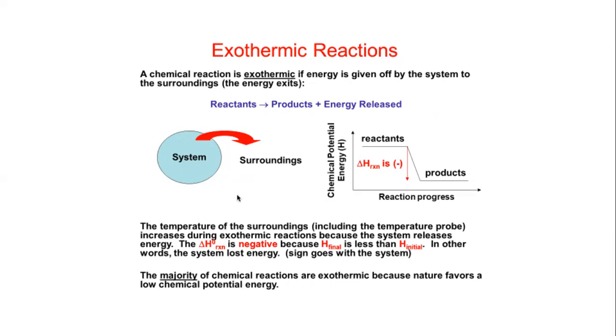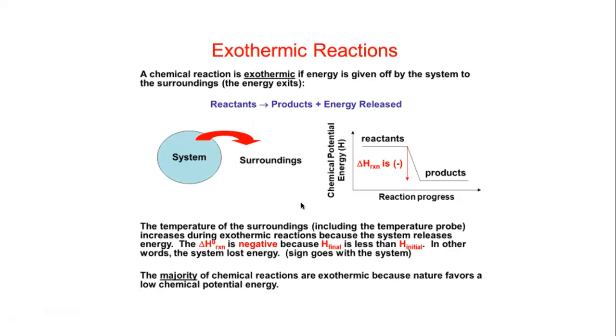The system is going to be our chemical reaction, and the surroundings is where that reaction takes place. The chemical reaction formula for exothermic reactions has the reactants on the left side that yield a product as well as energy release. The temperature of the surroundings, including the temperature probe, increases during exothermic reactions because the system releases energy.